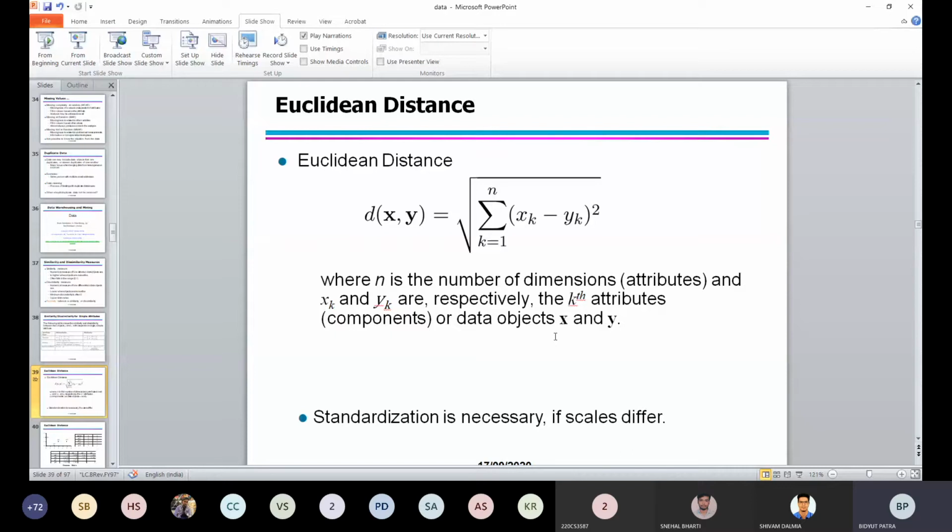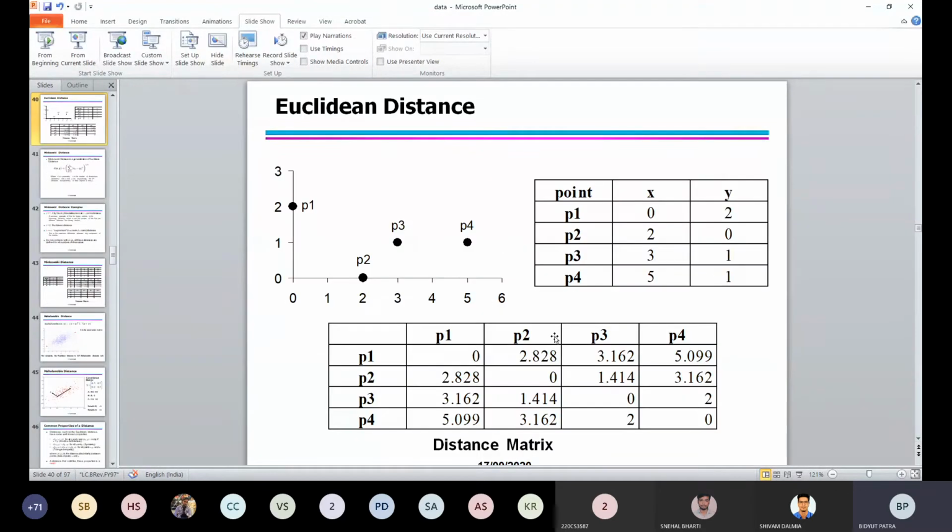If you compare these two attributes, the one with range 0 to 100 will dominate the other. Therefore, in many applications we need to do scaling. We will learn more about this later on. Now we'll give some examples here.